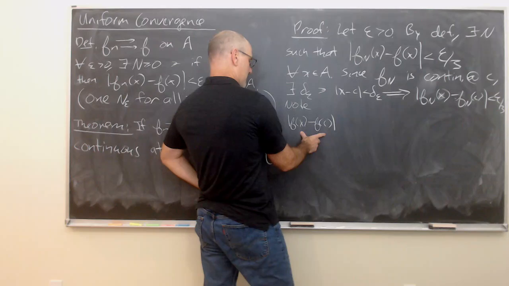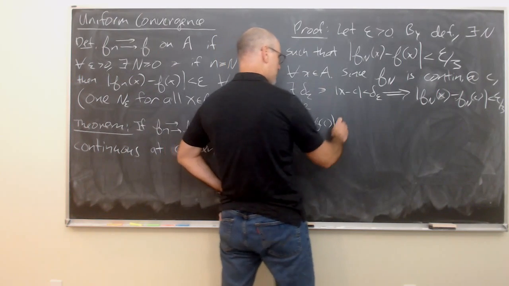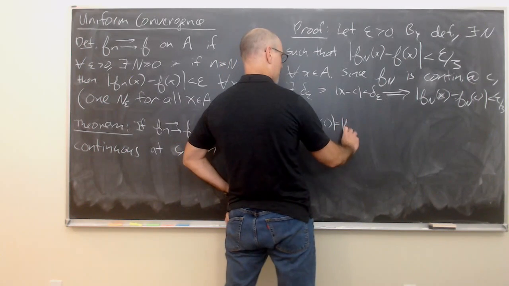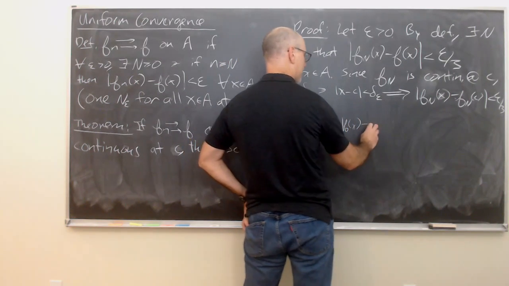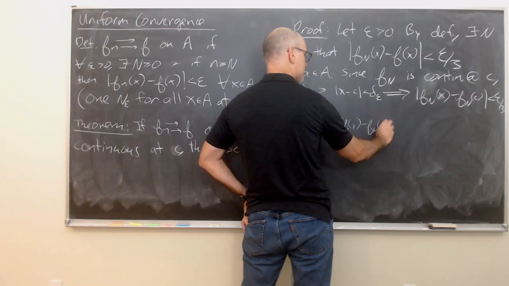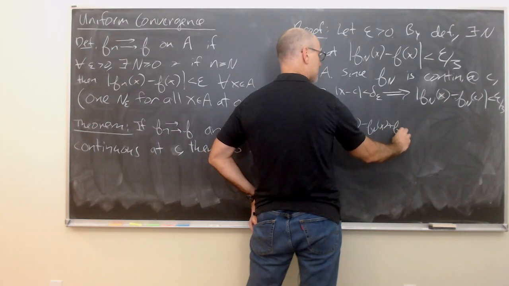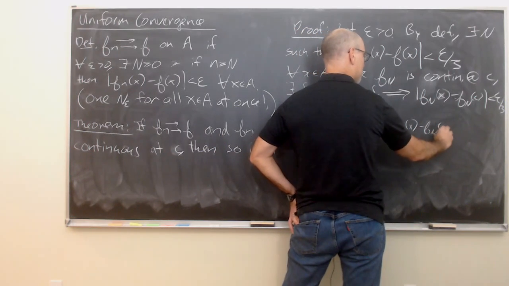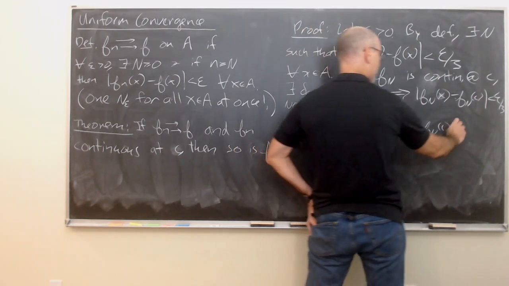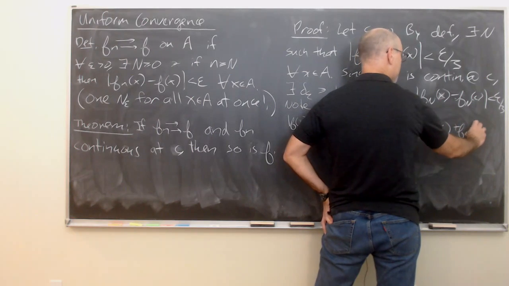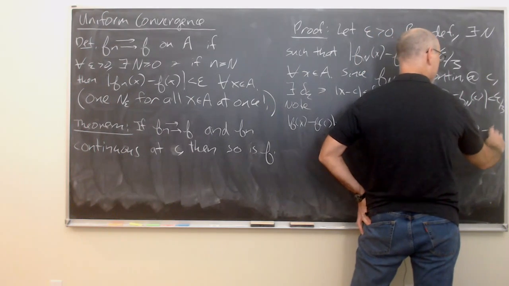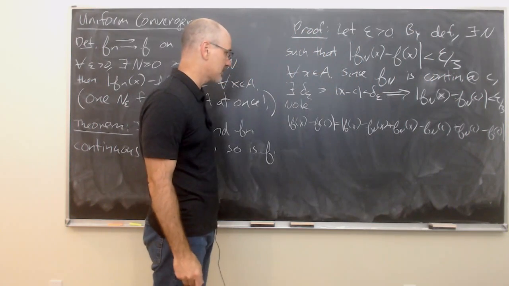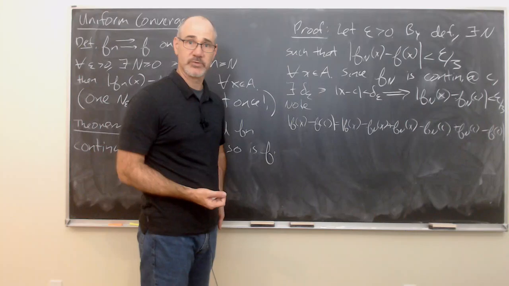So considering |f(x) - f(c)|, I can rewrite this as |f(x) - f_N(x) + f_N(x) - f_N(c) + f_N(c) - f(c)|. So inside the absolute value, I've added a clever form of 0, right?